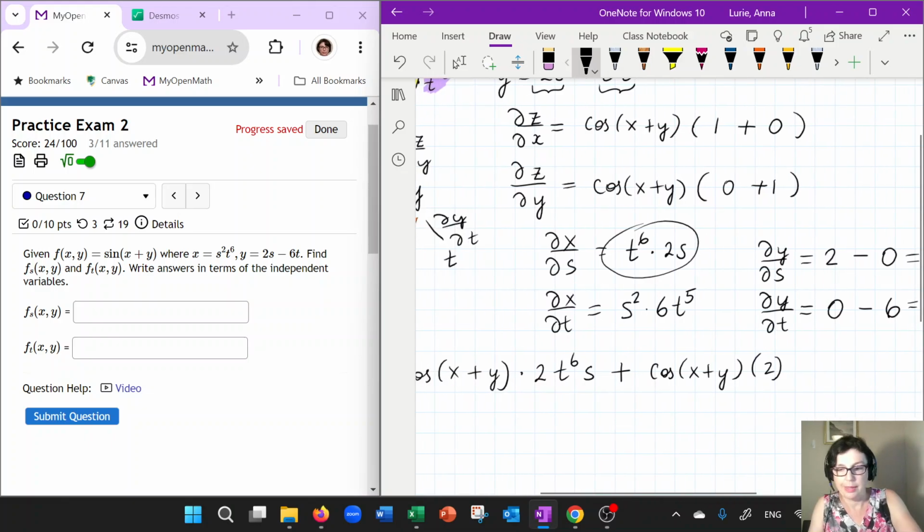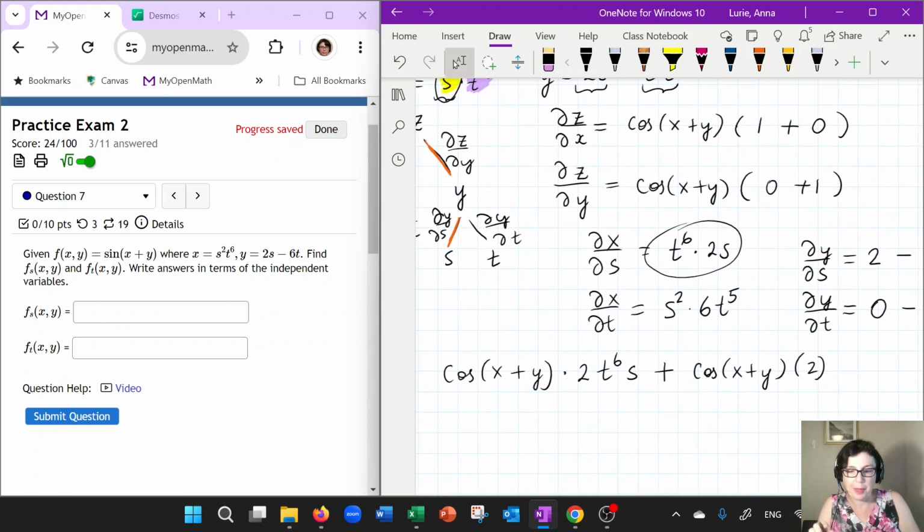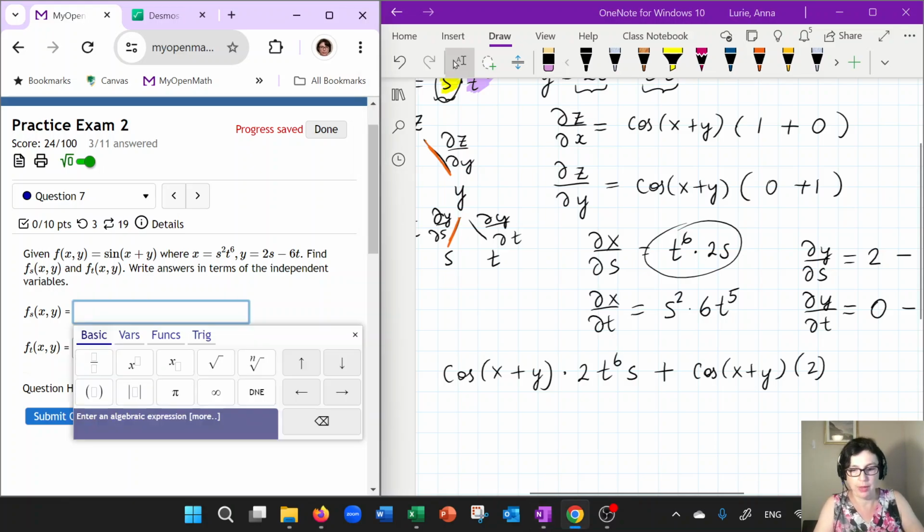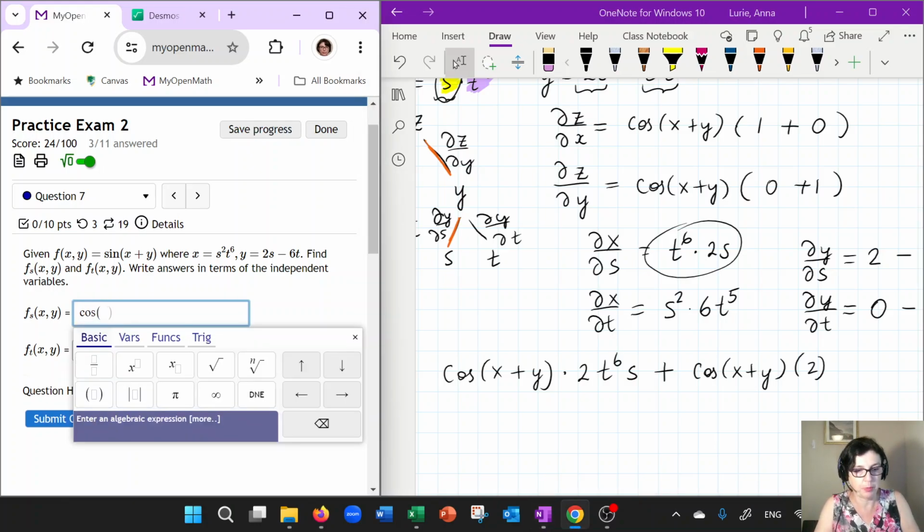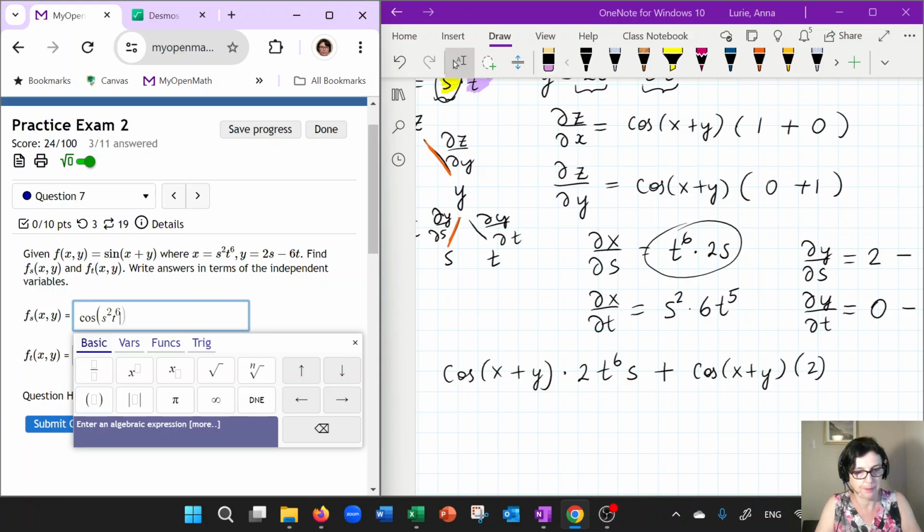Okay, now that would have been the final answer, but what is important is that you cannot leave it like that. You gotta plug in everywhere where you see x, you plug in what it was in terms of s and t, and then everywhere where you see y, you plug in what that was. But I can just go ahead and do that here. So I will get cosine, and I'm not gonna put x, but I'm gonna put s squared t to the 6.